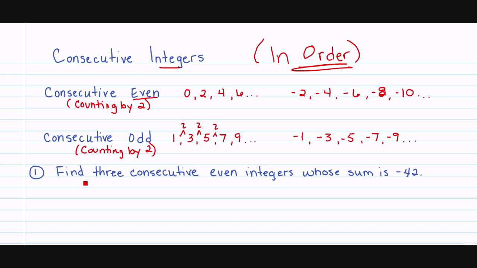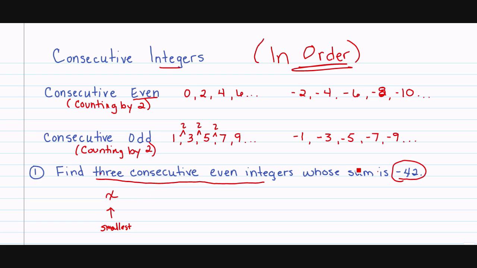The problem wants us to find 3 consecutive even integers whose sum is -42. Now, let the first one be a variable, x. That's the smallest number.